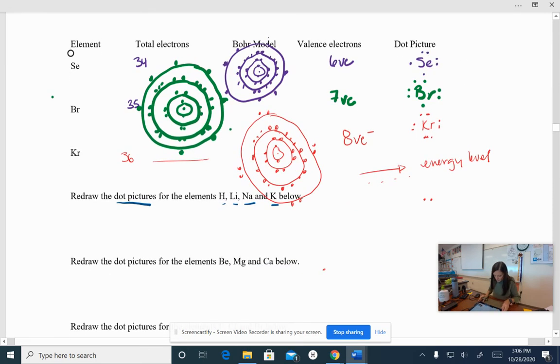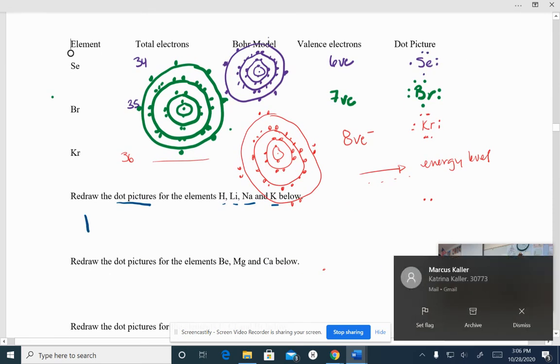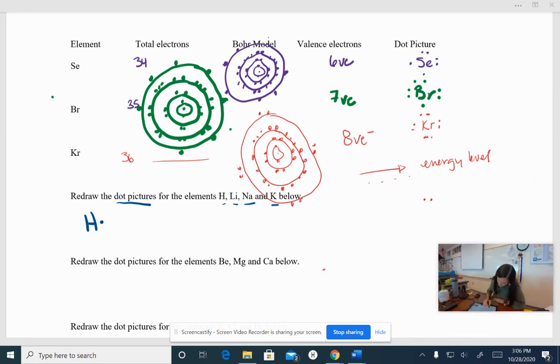So hydrogen's dot picture was like this. Lithium's dot picture was like this. Sodium's dot picture was like this. And potassium's dot picture was like that.